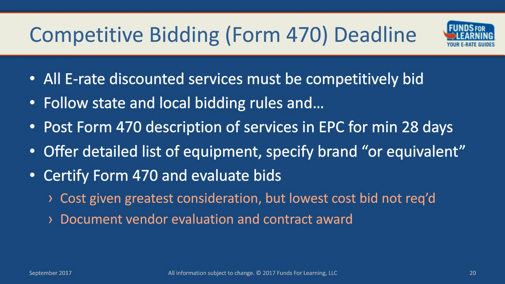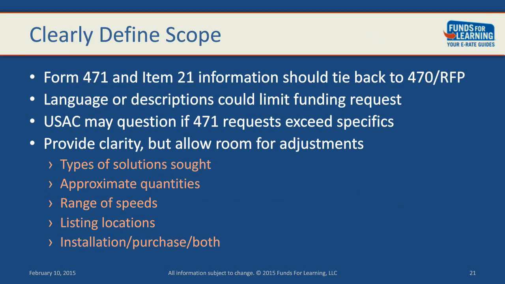Make sure that when you go through this process that you have a very clearly defined scope of work. When you submit your application to USAC, they will be looking at not just the eligible goods and services that are listed on your Form 471 funding requests, but they'll be going back and seeing, does that tie to the Form 470 that you posted, to the RFP that you released.